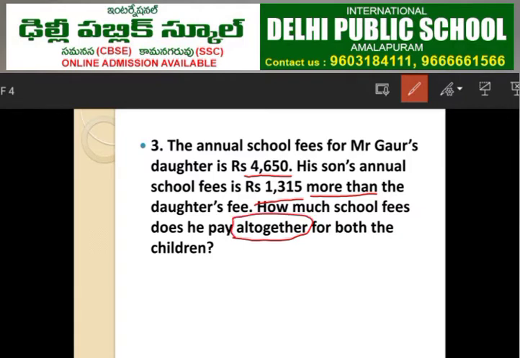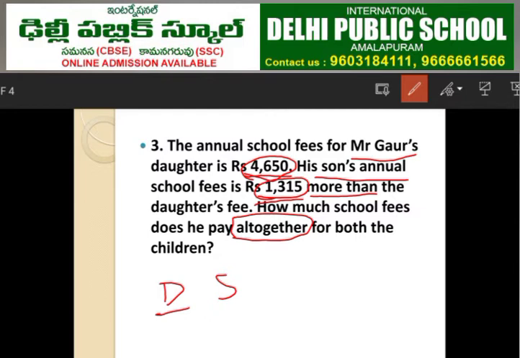So let us understand this question clearly. Here Mr. Gaur is a person. He has one daughter and one son. He is paying 4650 for his daughter. In our question, they are saying that for his son's fees, he is paying 1315 more than his daughter's fee.